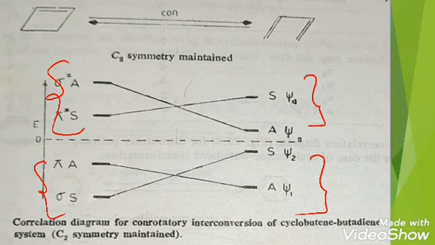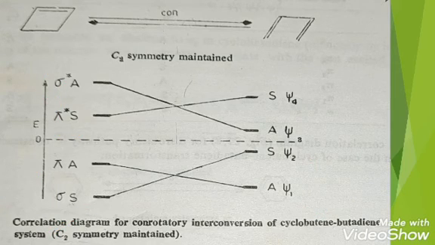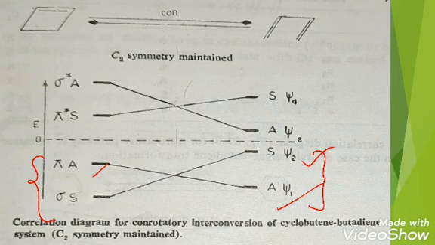So compare the molecular orbitals of cyclobutene with the butadiene system. Here, the sigma orbital of cyclobutene correlates with the Psi2 orbital of butadiene, and the pi orbital of cyclobutene correlates with the Psi1 orbital of butadiene. That means the ground state orbitals of cyclobutene correlate with the ground state orbitals of butadiene.